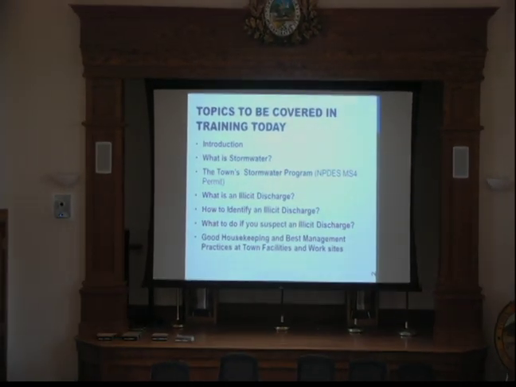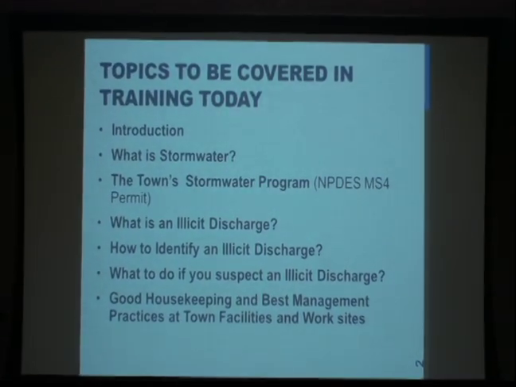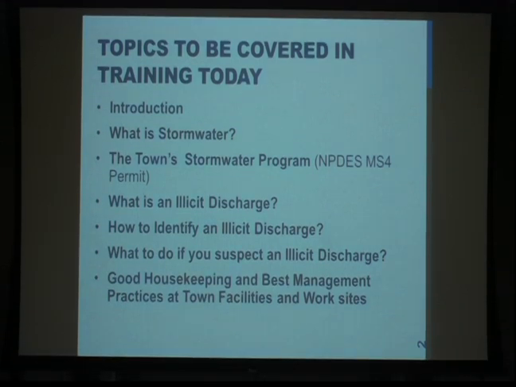What an illicit discharge is, how to identify one, what you do when you suspect one in the field, and then good housekeeping, best management practices at our own facilities and at work sites. Obviously, we don't want the public polluting our stormwater, but we also don't want to be doing it ourselves, as a public works entity that does a lot of work at different job sites and construction sites.